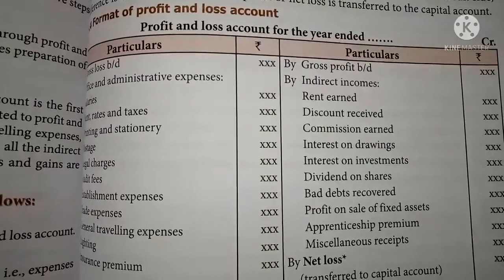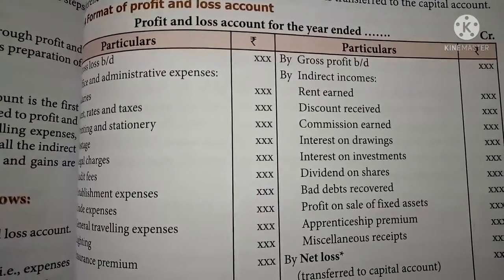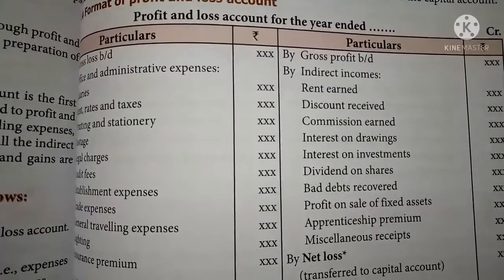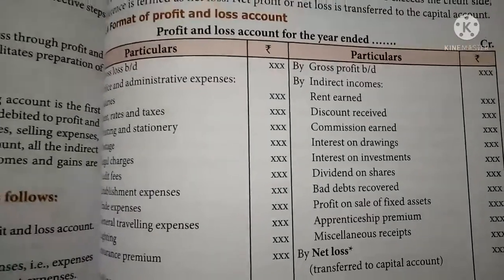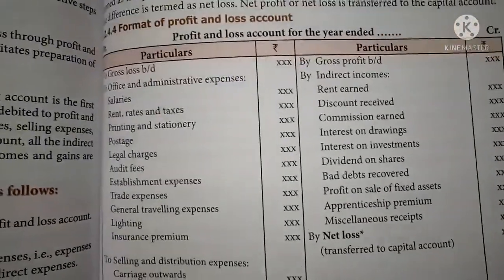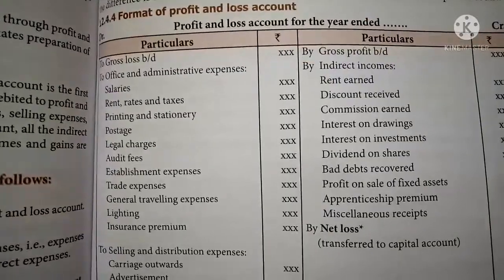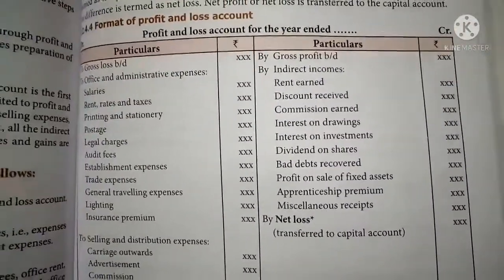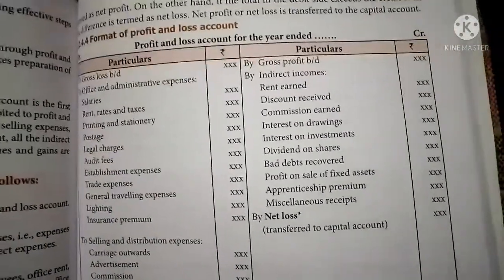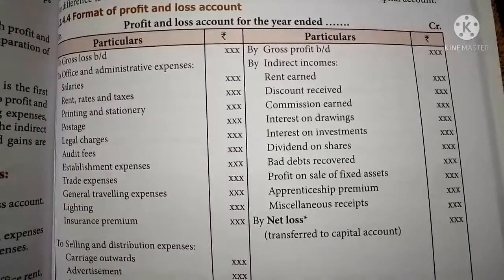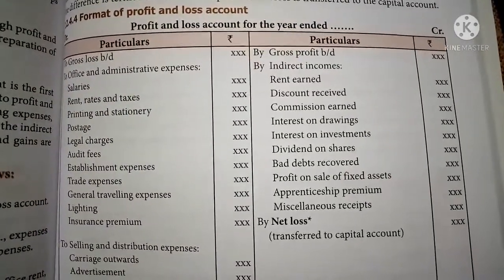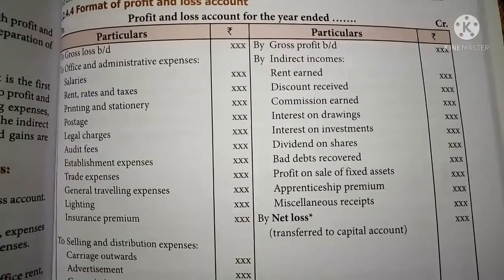While preparing the profit and loss account in the final accounts of a business concern, you must first go through this specimen, that is, the format of the profit and loss account. Go through it thoroughly. What items will be debited and what items will be credited?